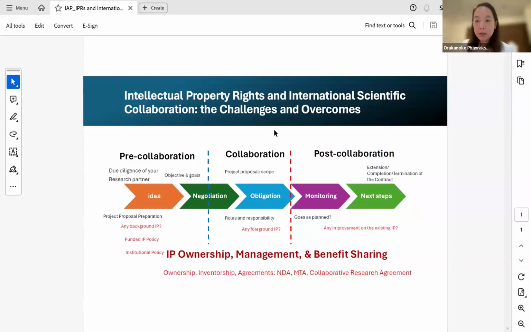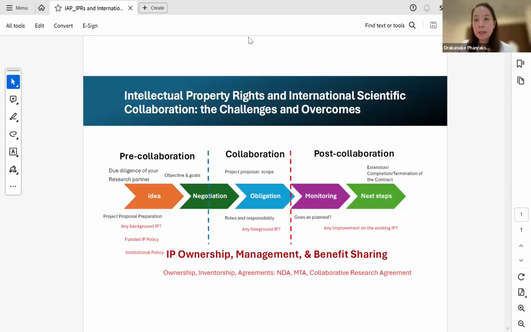So today you will see the whole value chain when we are working on a research collaboration. Whether you're working within your own territory, your own country, or at the regional or international level, the format will be somewhat similar one way or another. What I have highlighted in red are often the issues that occur during my career providing advice to our researchers.